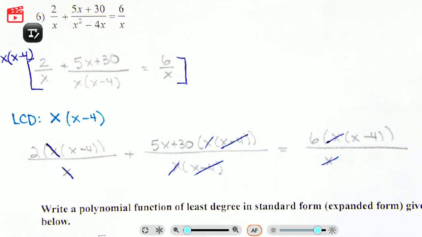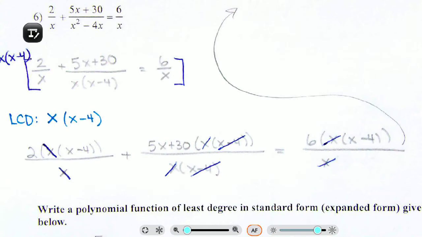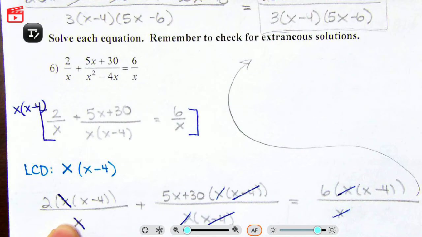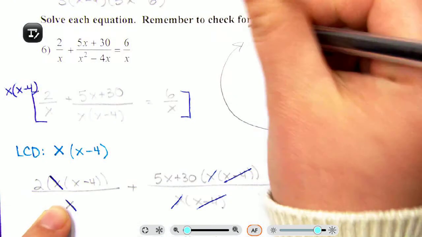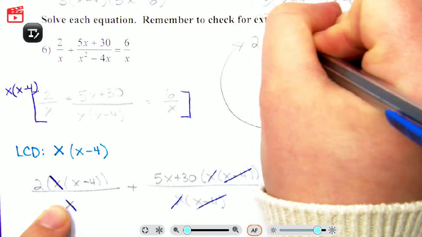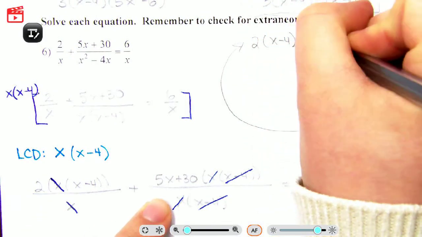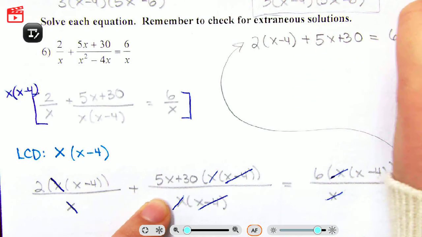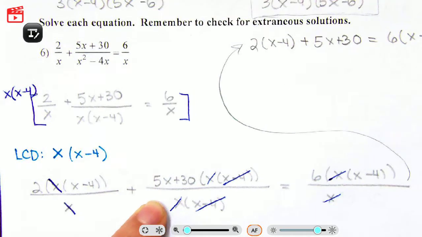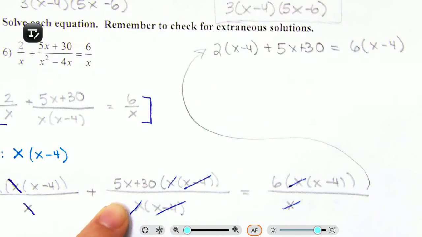See? So then what do we have? So I'm going to bring it up here. So this right here, again, if you've done this correctly, you should have 0 fractions left over. So I have 2 times x minus 4 plus 5x plus 30 equals 6 times x minus 4. We do not have any fractions left over, and so our life is a little bit easier now.